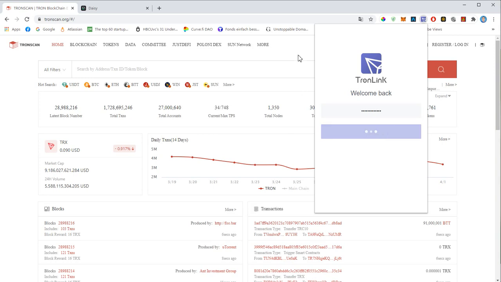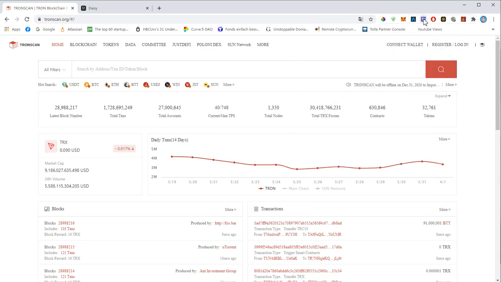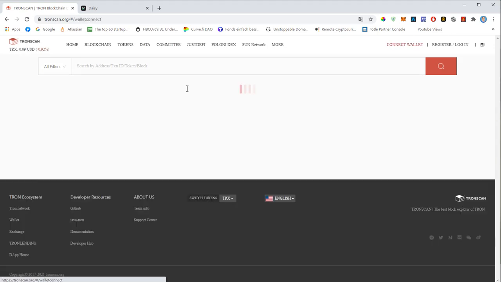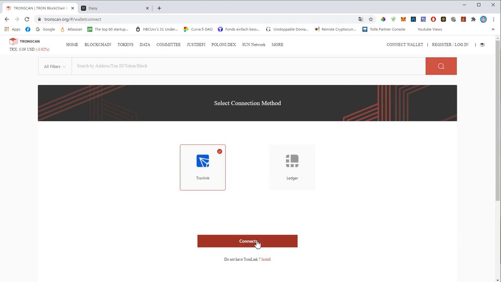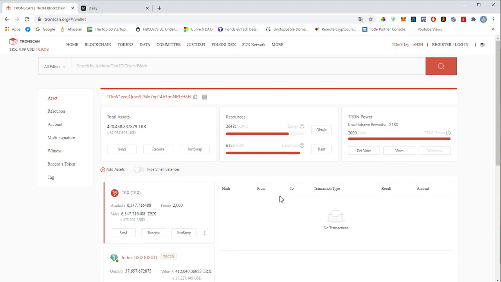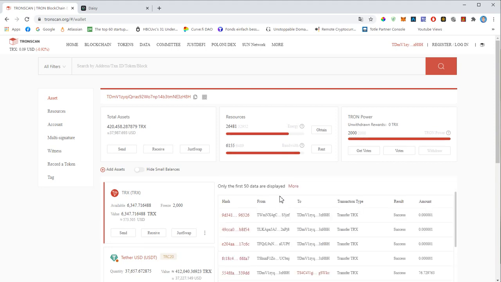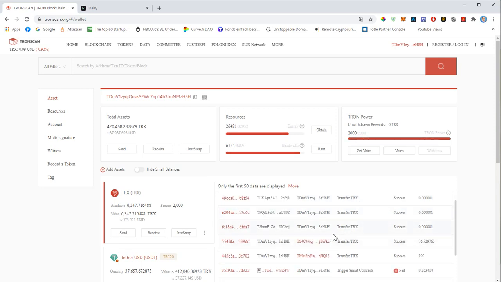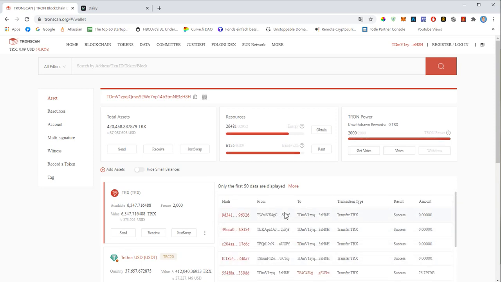So that's it. Now I'm connected, and now you hit connect wallet, and hit connect again. This will take you to your address, and you will see here on the right all the recent transactions.